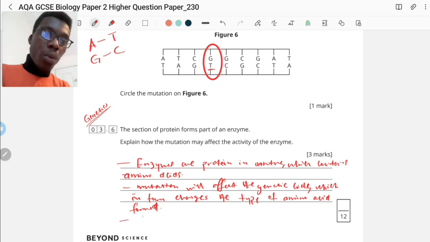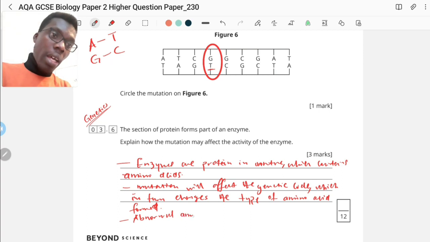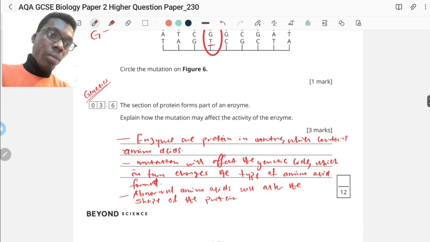All right. So abnormal amino acids will alter the shape of the protein in an enzyme.